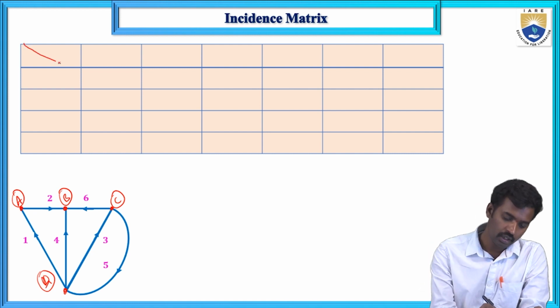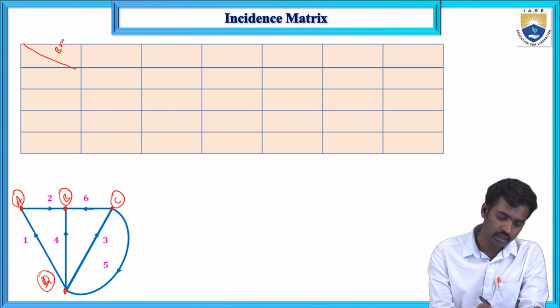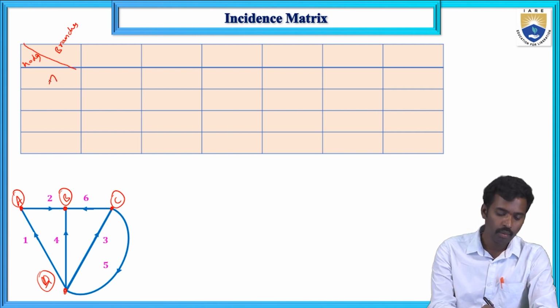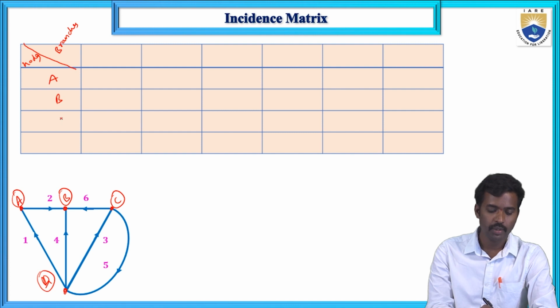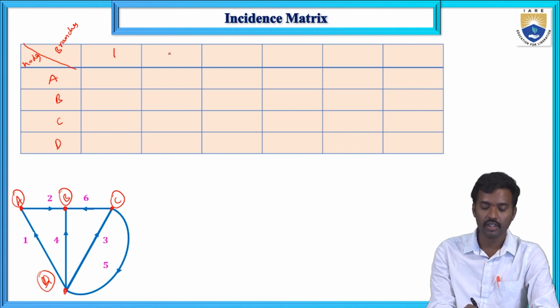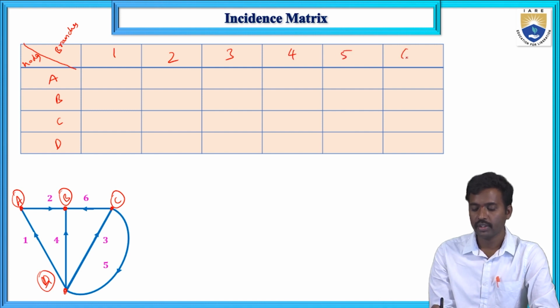Here you need to follow the same thing: branches and nodes, A branch, B branch, C branch and D branch, A node, B node, C node and D node. And here these are the branches 1, 2, 3, 4, 5, 6.